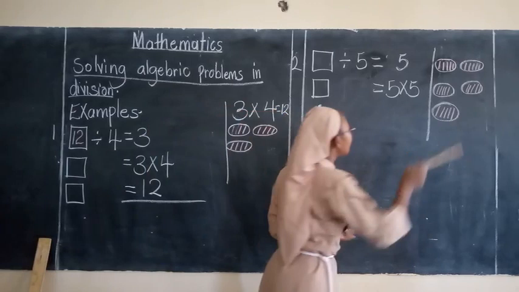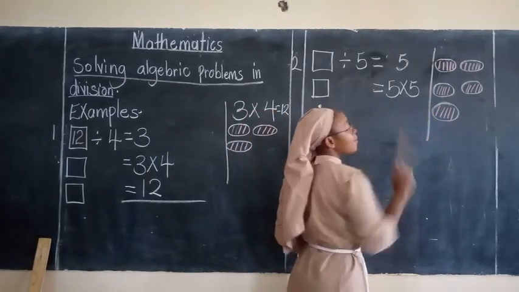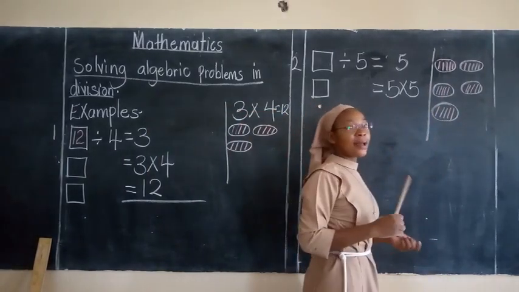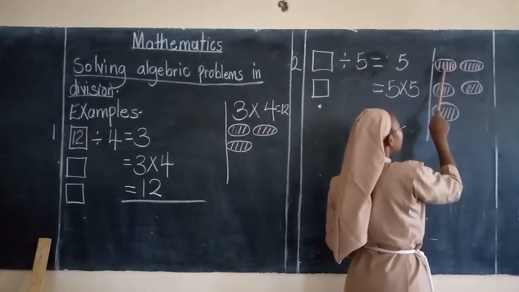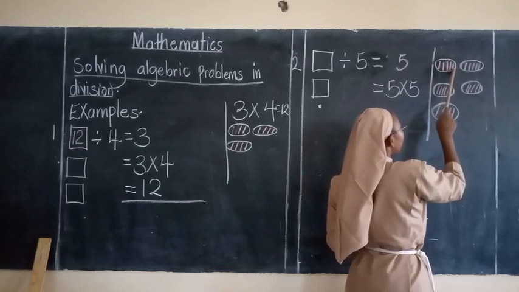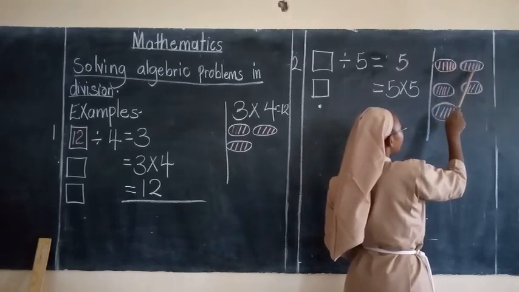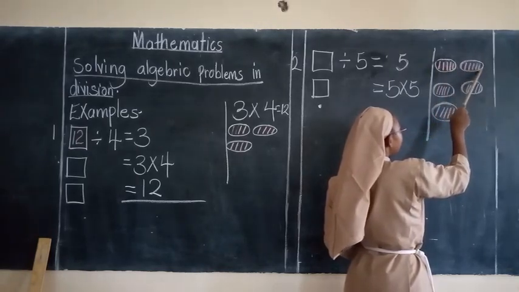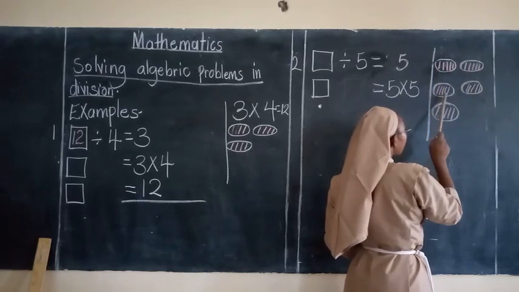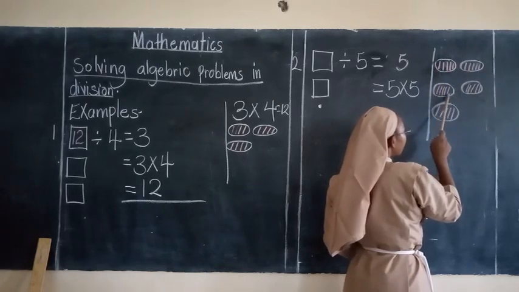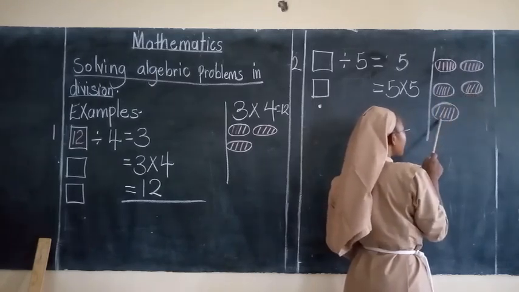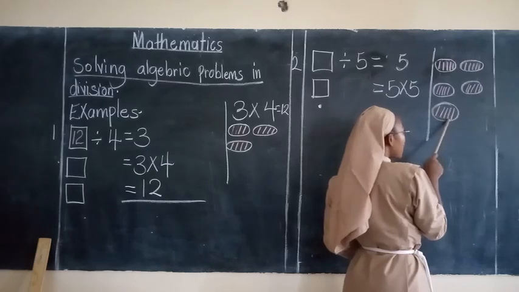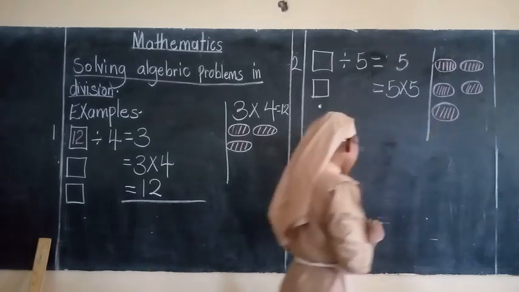So we add these together in order for us to get the answer. Dear girls, let's count together. 1, 2, 3, up to 25.